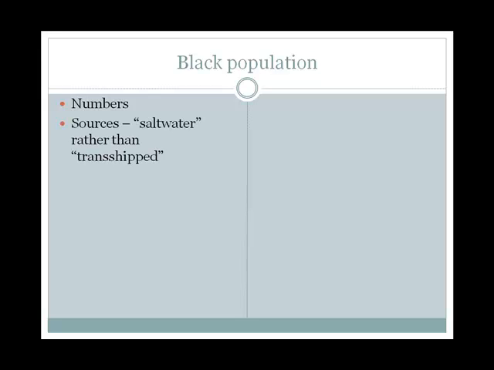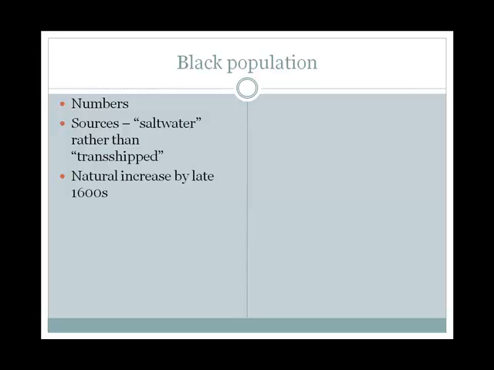During the colonial period, for the most part, the Africans who arrive in British North America are what are called saltwater Africans, meaning they're coming directly from the African coast rather than transshipped from the West Indies.